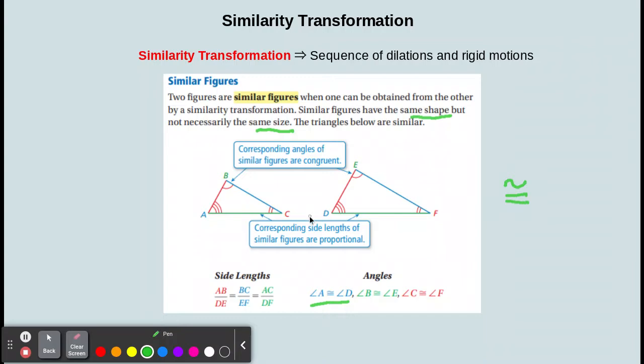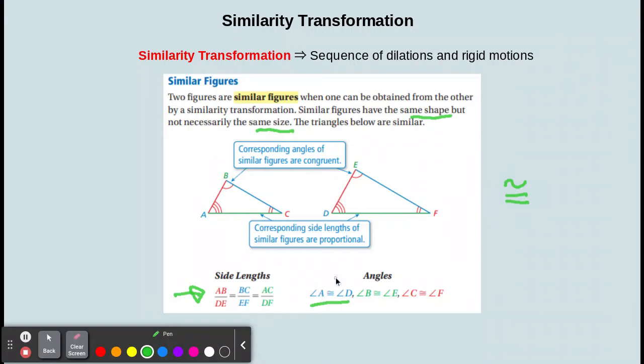Now, also with similar figures, they are not necessarily the same size. But what is true is that their side lengths are proportional. So AB is proportional to side length DE, and it is the same proportion that BC has with side length EF, and likewise for AC and DF, which you can see here.